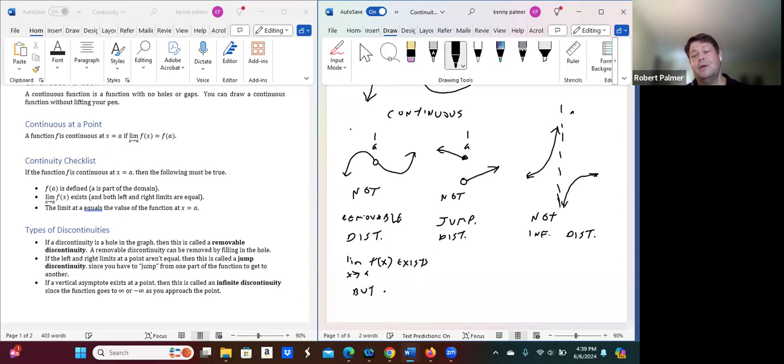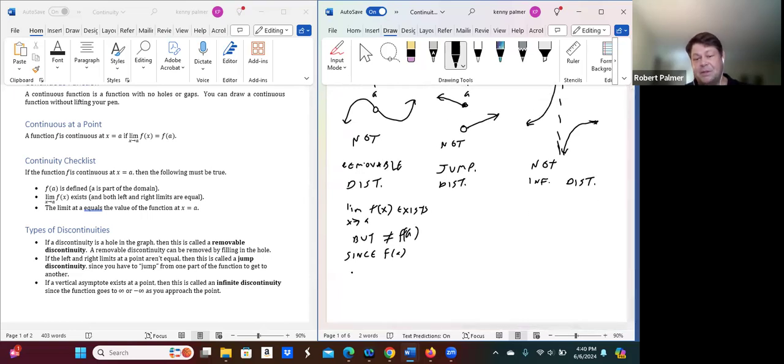But it does not equal f of a, because in this case, either f of a isn't defined or f of a is another point. Since in this case there is no f of a, we can say f of a does not exist.